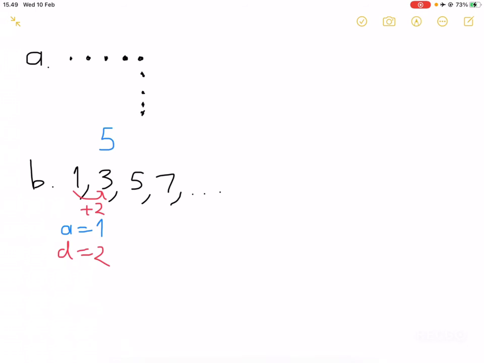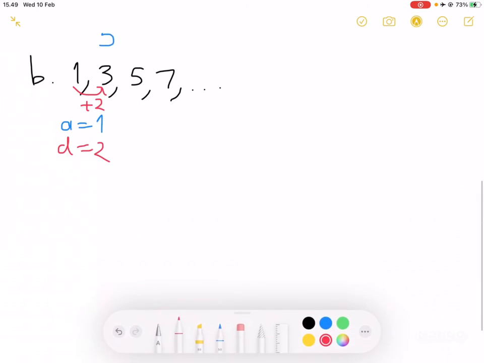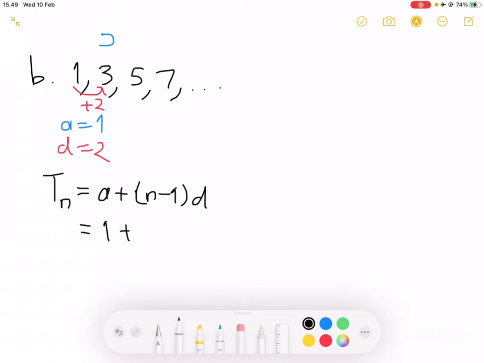And therefore, we can just write a general form for the number of dots in the nth pattern. So we recall our formula for the nth term of an arithmetic sequence. We have A plus n minus 1 times D. So we have 1 plus n minus 1 times 2. Expanding this, we get 1 plus 2n minus 2, or 2n minus 1.